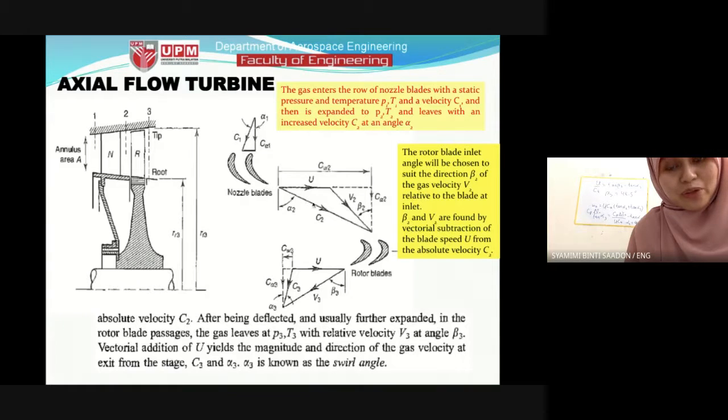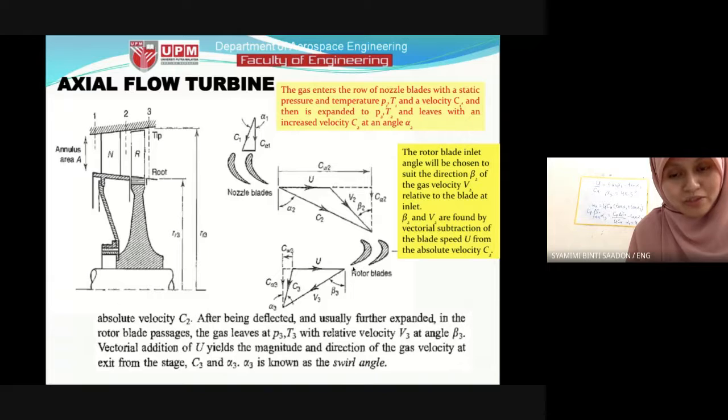Okay, so when we know the direction of C plus the rotational direction, to complete the triangle we can complete it with the relative velocity direction. Next, for the rotor, the rotor is moving.